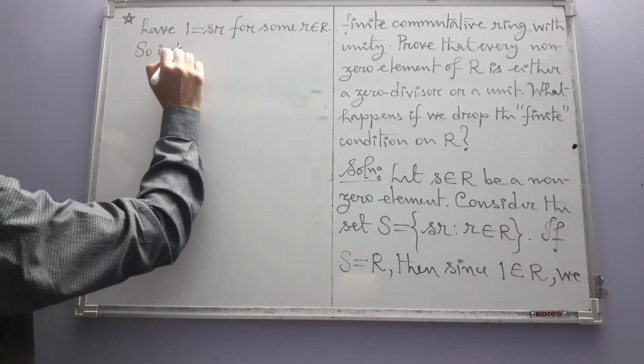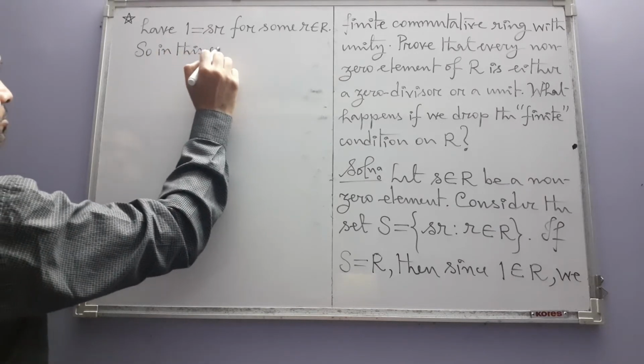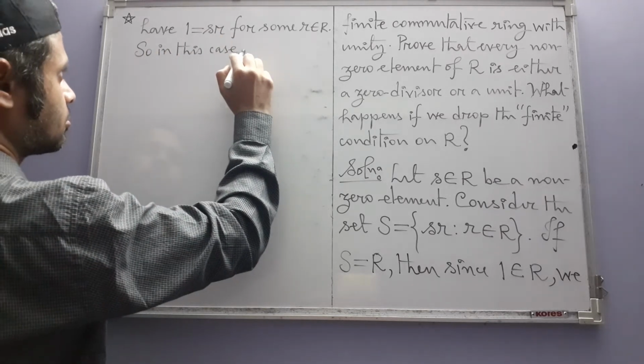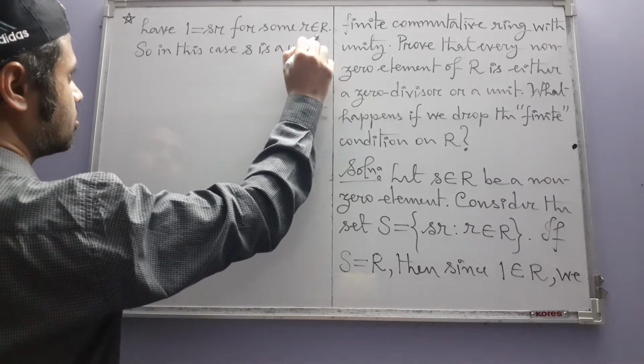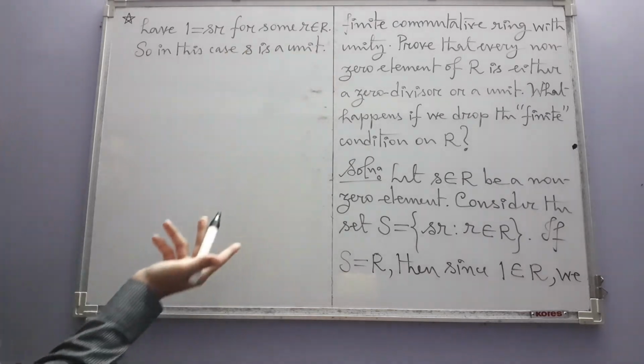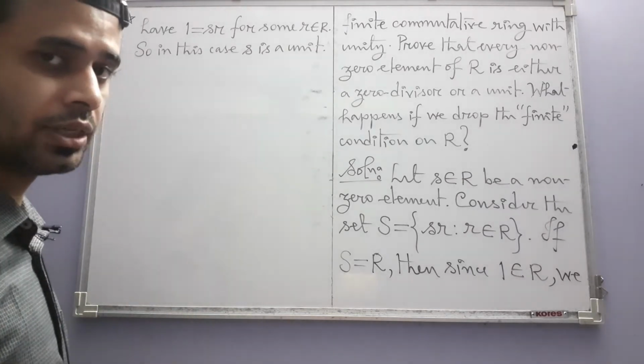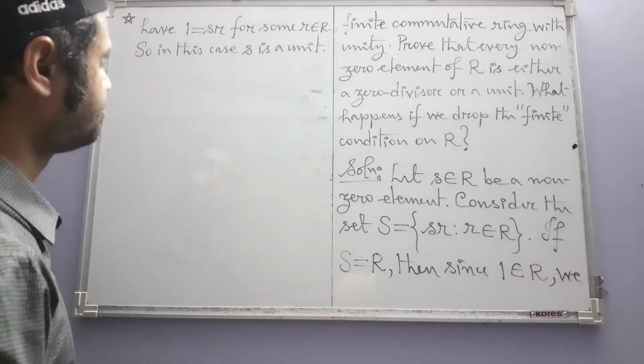So in this case, s is a unit because r will now be a multiplicative inverse of s.